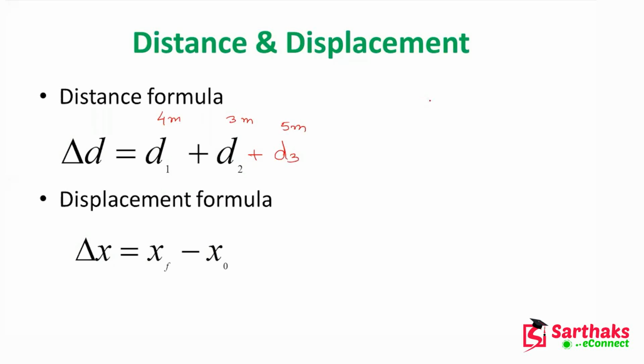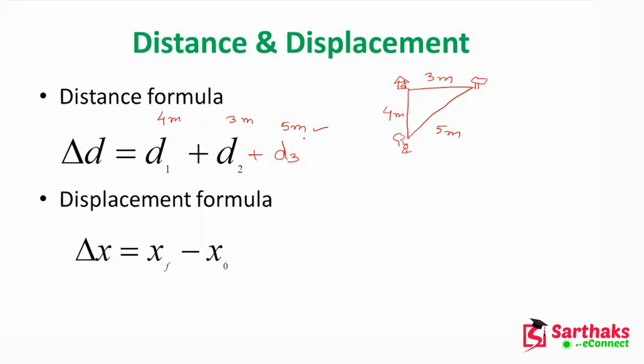I am talking about the same figure we showed earlier in the slide. There was a house here, a tree here, and from this tree we started the journey: 4 meter, 3 meter, 5 meter. So 4 plus 3 plus 5, that was the distance.